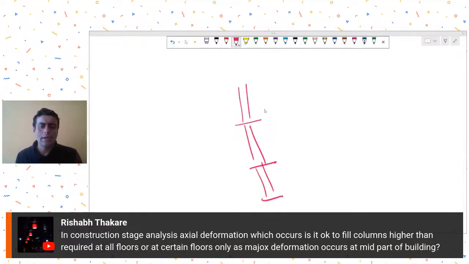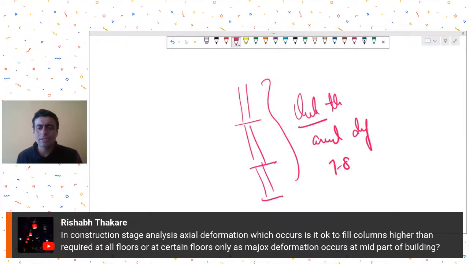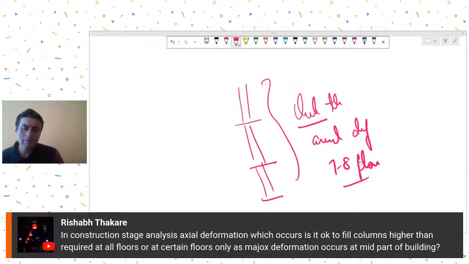So instead of casting my columns higher at every level, what we do is we generally club the axial deformations at 7, 8 floors, let's say, and then whatever extra we need to cast, we will do the casting after every 7, 8 floors.